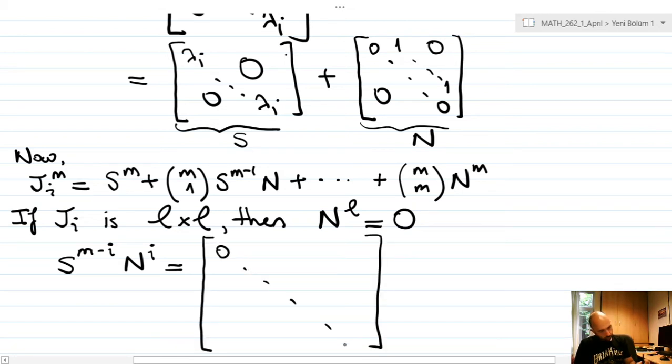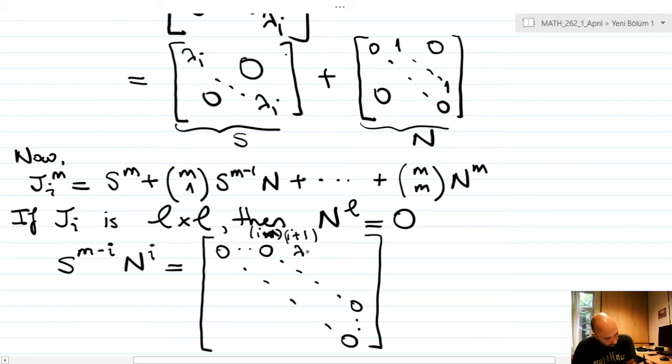You get zeros on the main diagonal, zeros up to some point, and in the I-th position, in the I plus first position, you begin to get something non-zero.